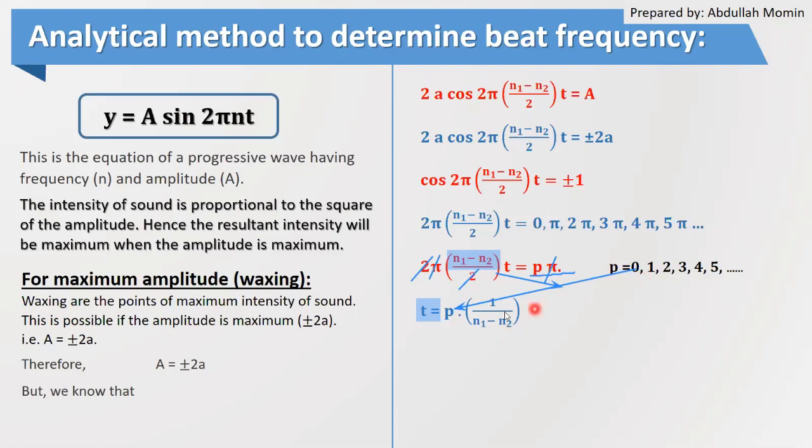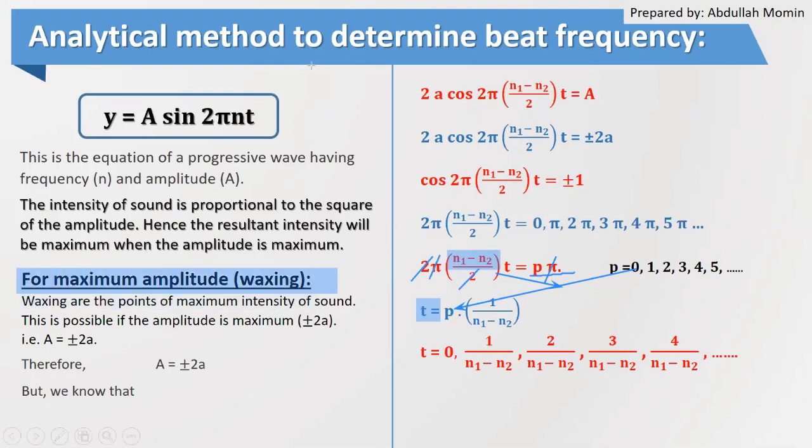Then if we put 2, we get 2 upon (n1 − n2). With p as 3, we get 3 upon (n1 − n2), and if you put p as 4, that will be 4 divided by (n1 − n2), and so on. So these are the time instants at which we are getting waxing, that is maximum intensity.